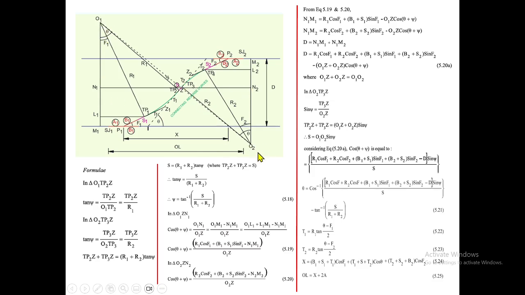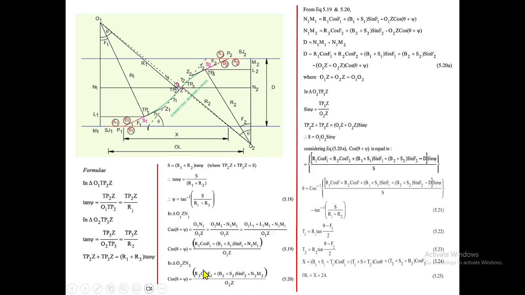Okay, so we have made an equation cos theta plus psi used from this triangle as well as from this triangle. We made it. Okay, now here the unknown part is N1 M1. Okay, here N2 M2. Okay, this is not known. Earlier case we have taken simply d by 2. Here we can't take, but adding both components we will be able to get d. Okay, N1 M1 plus N2 M2 equal to d.